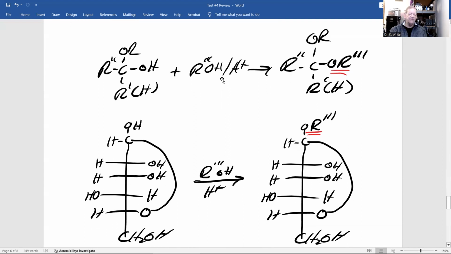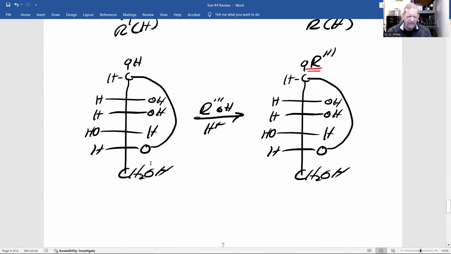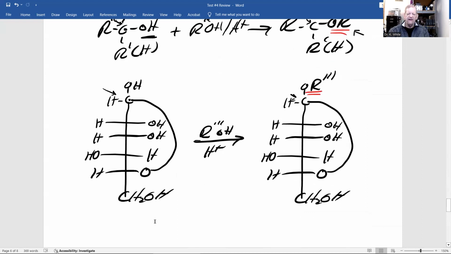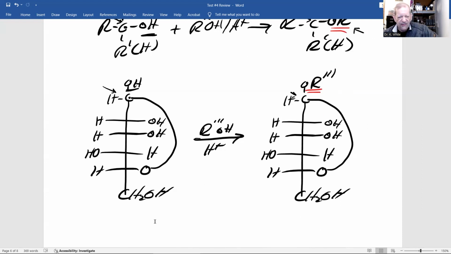And here, the hemiacetal, I'll ask you to learn, is this one. And this carbon right here is this carbon right here. And the only thing that changes is this OH becomes this OR triple prime. And same thing, this OH becomes this OR triple prime. And you should know that.